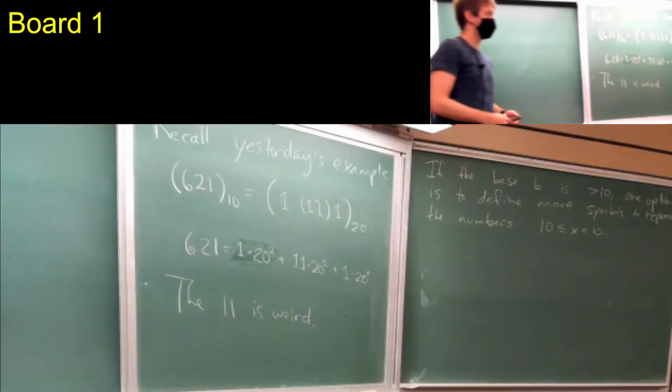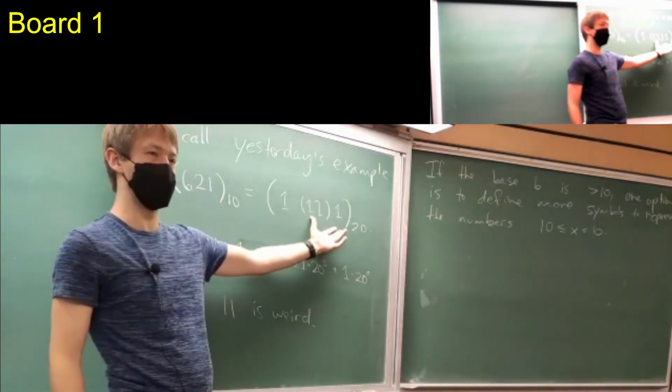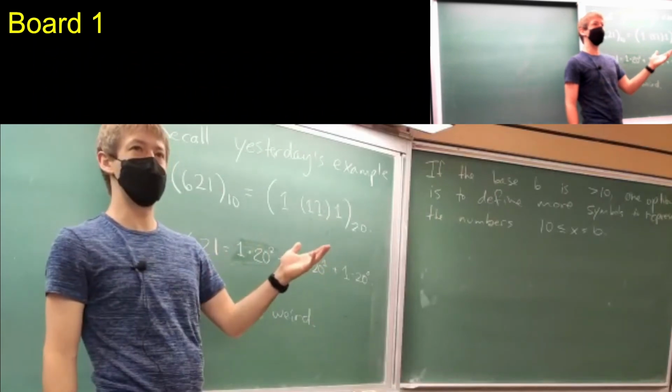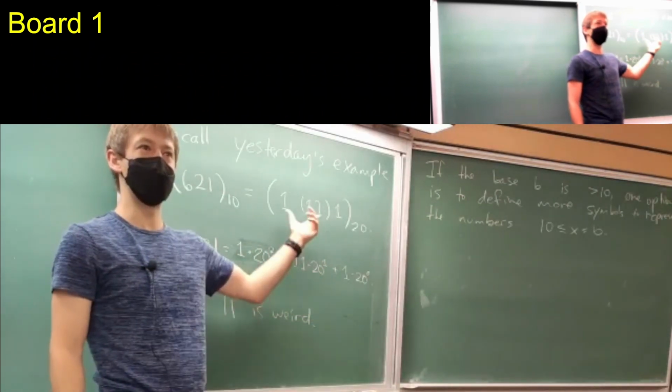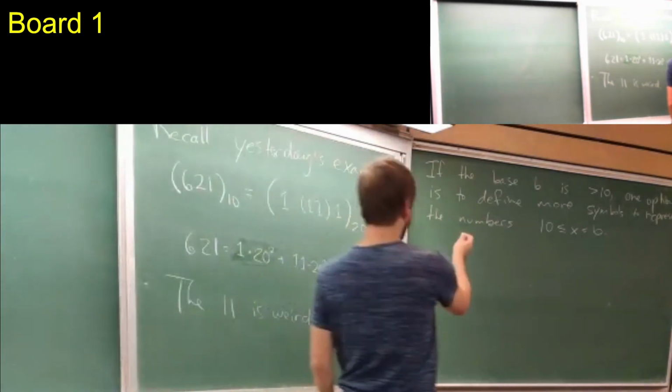Doing it this way is kind of fine if you wanted to just write an 11 there, but we could also just say, let the number 11 be the symbol smiley face or something, and then we draw a smiley face instead, right?